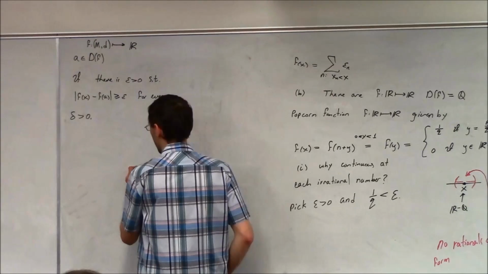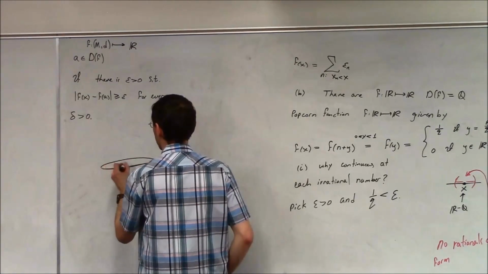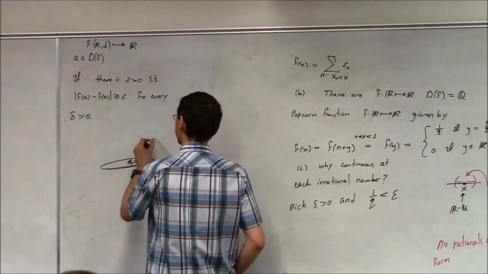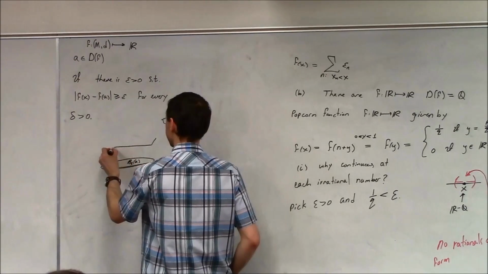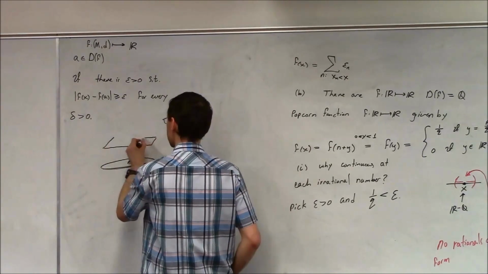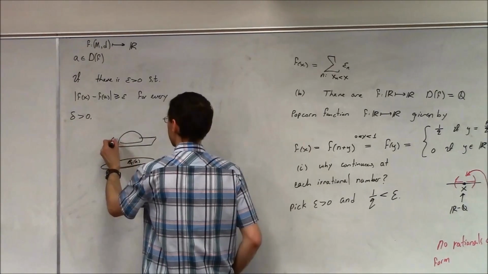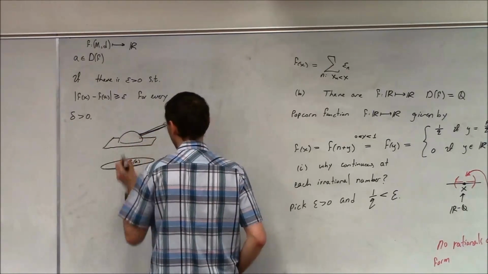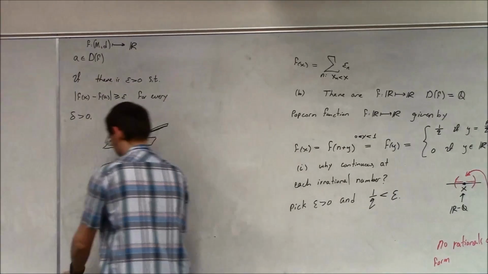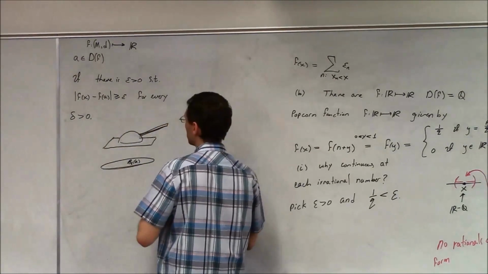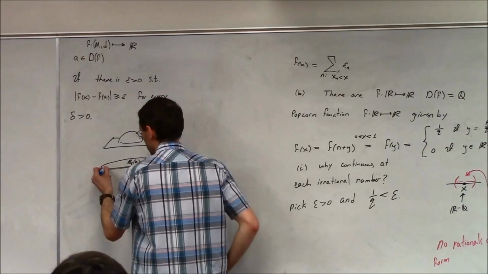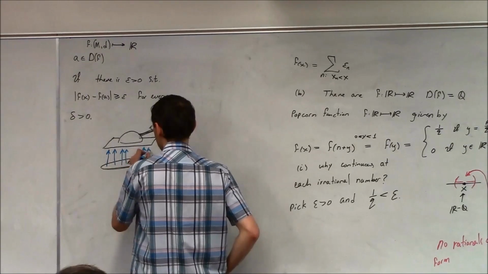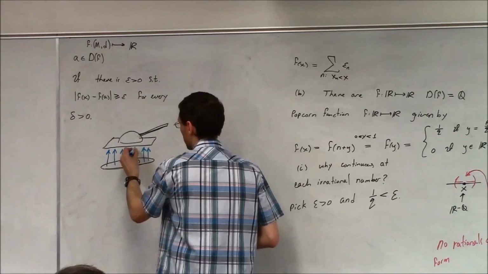Pictorially, you can imagine having this ball of radius delta centered at a, and if you build this water gun, and you feed everything into this function, how do you verify the discontinuity?